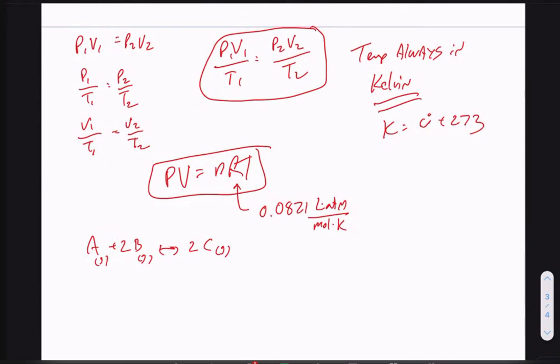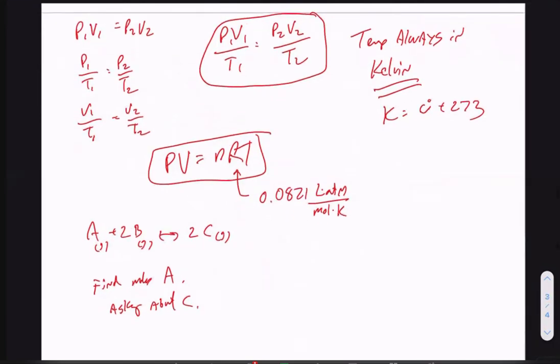Let's say you find moles of A, but the question is asking about C. So if I gave you the temperature, the volume, and the pressure for gas A, you would use the ideal gas law to solve for the moles of A, but once you got moles A, then you would use mole ratio to solve for moles of C. Okay. And this is just another way. You guys, mole ratios have pervaded in almost every type of problem that we have done. Like it's everywhere. So that's kind of old news.